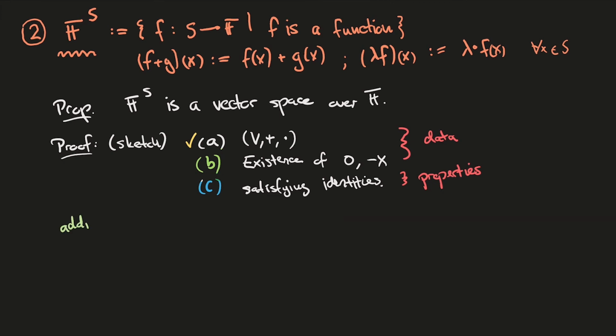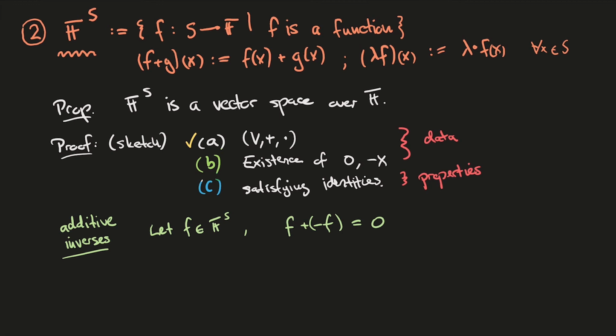Next, we want to see what the additive inverses should be. For this, we let f be an element of Fs, and then its additive inverse needs to satisfy f plus minus f should be 0. Now, from the preceding discussion, we already know what the 0 element in Fs is, namely the function that maps every element of S to 0.